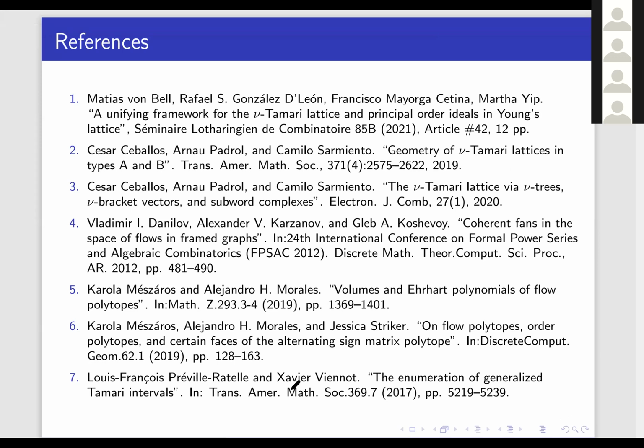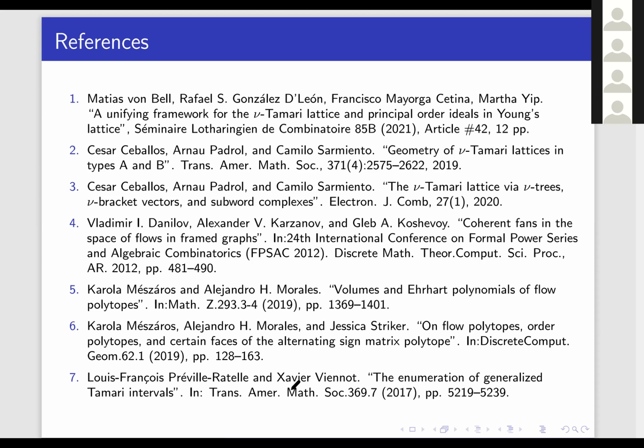Yeah, okay. So my question is, might your technique give you a new proof of the fact that the Nu-Tamari lattice is actually a lattice? Ooh, good question. Nothing comes to mind, at least immediately.